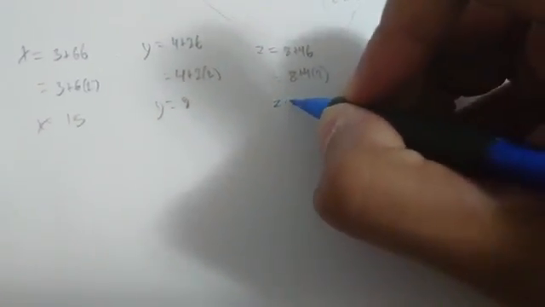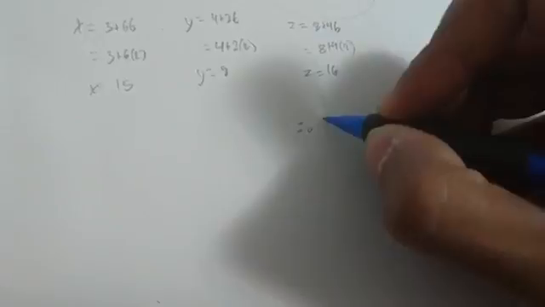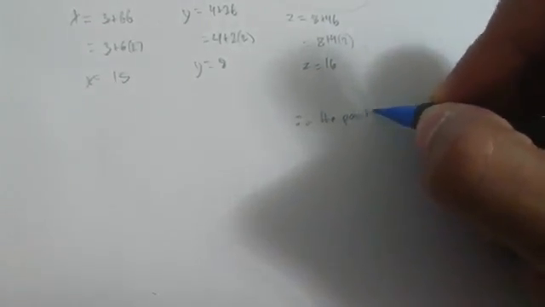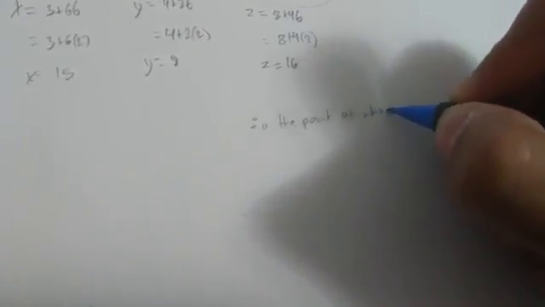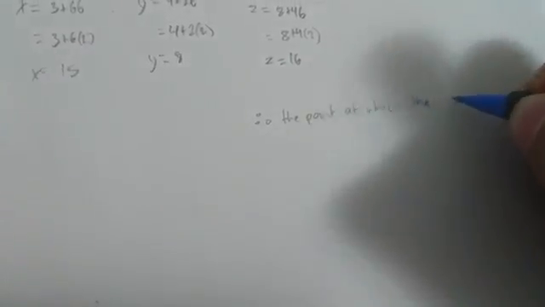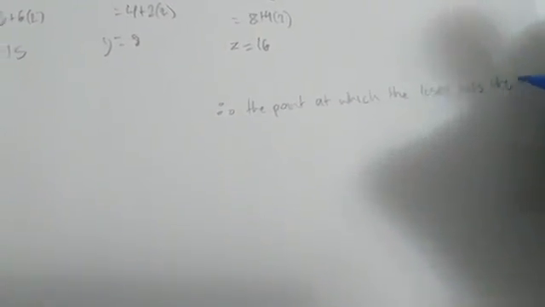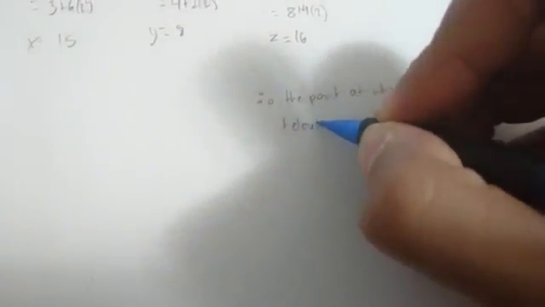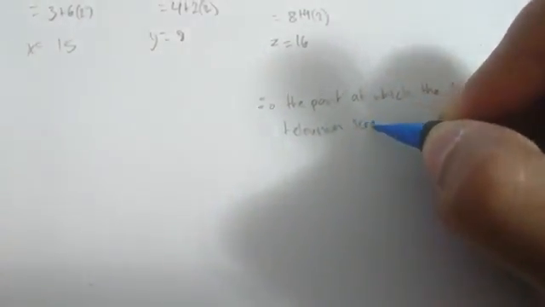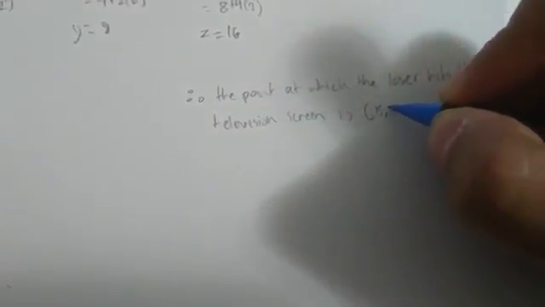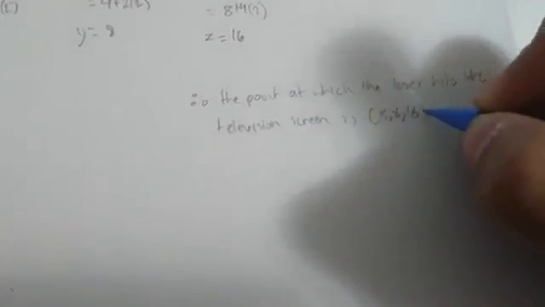Again, sub the value of t, which is 2, and now z becomes 16. And so, therefore, the point at which the laser hits the television screen is (15, 8, 16).